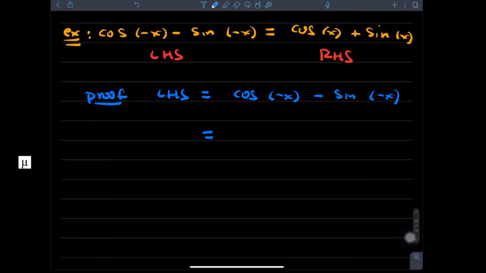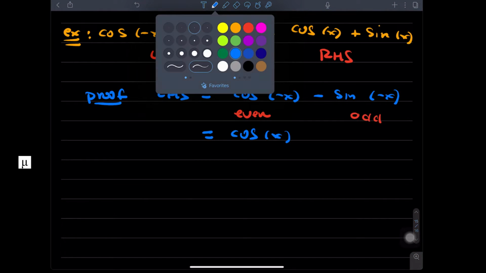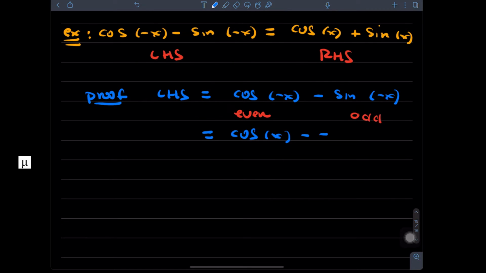So why can I say that cosine minus x is cosine x? Do you guys remember? Because cosine is even, right? And then what do you guys know about sine though? It's odd. So you might say, well, what does that mean to be odd? I'm going to pull out that minus sign and say sine of x. So minus and minus is what? Plus.